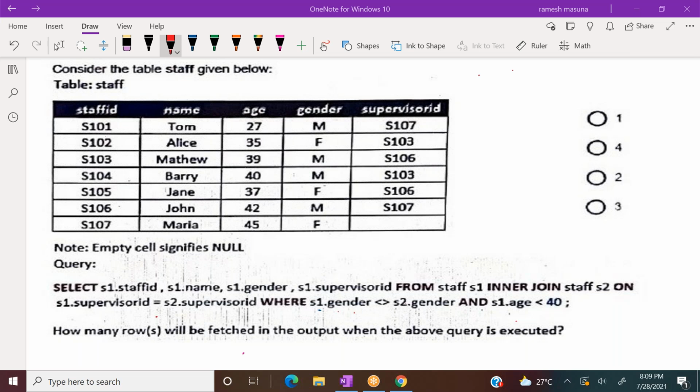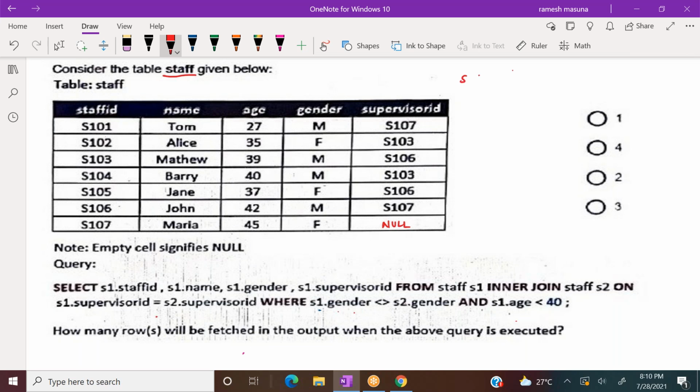But just look at how I am solving the question. Consider the table staff given below. This is a staff table. Note: an empty cell signifies null. Here, this is the only empty cell. It is null. Now, what is there? Select S1.staffID, what is the output I'm writing?